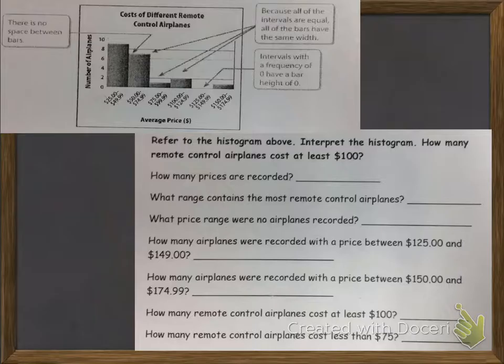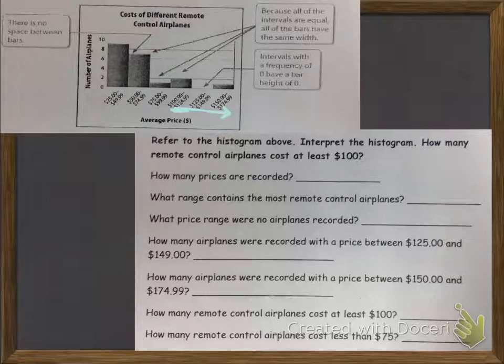So let's practice. Here we have the histogram that we were just looking at, and let's answer some questions by looking at our histogram. So we're going to refer to the above histogram and interpret it. How many remote control airplanes cost at least $100? So here is the $100 range, and at least means 100 or more.